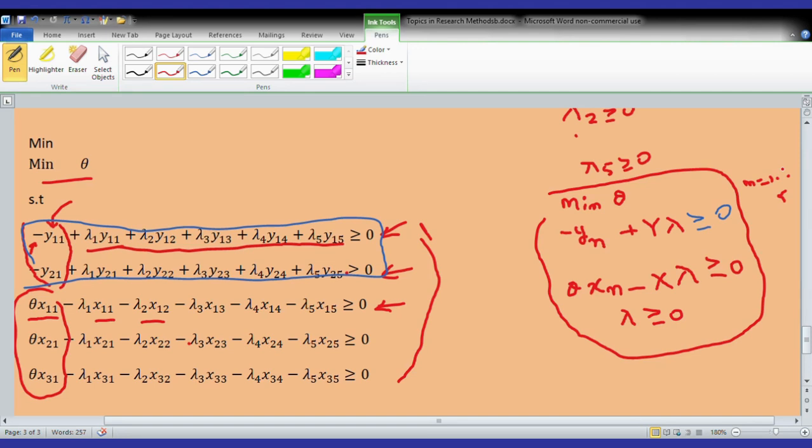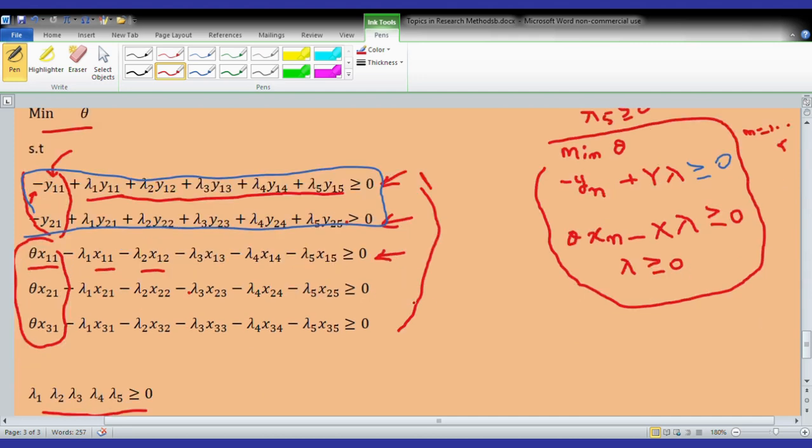Now one more thing that you need to keep in mind is that this is the CCR model, and the CCR model assumes constant returns to scale. This is the property of the CCR model of DEA, Charnes, Cooper and Rhodes.